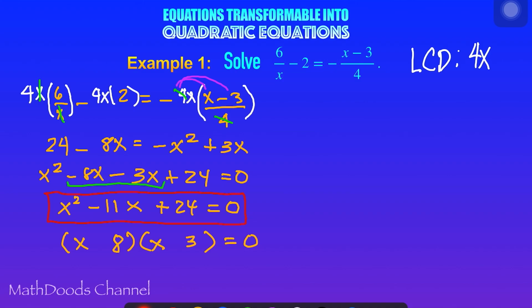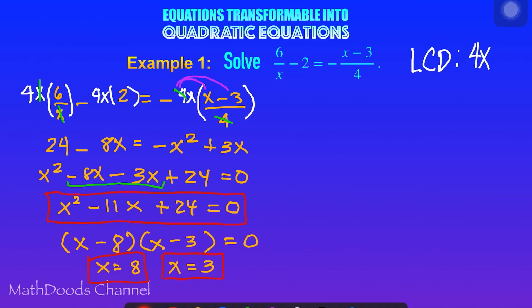So, since 24 is positive, parehong negative yung 8 at saka yung 3. Ayan. So, ang value ng x natin ay, yung una ay 8, yung pangalawa ay 3. Yan ang dalawang values natin ng x.